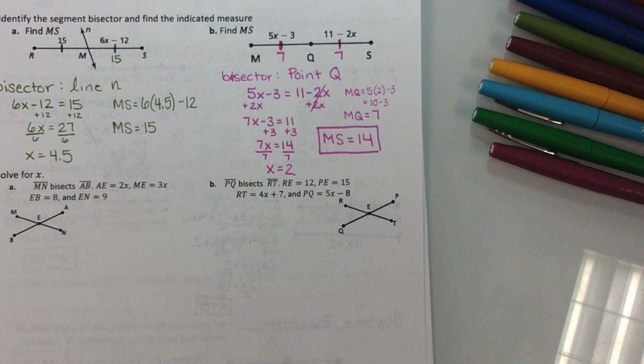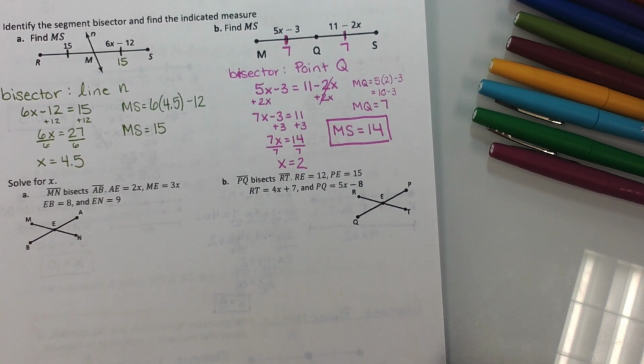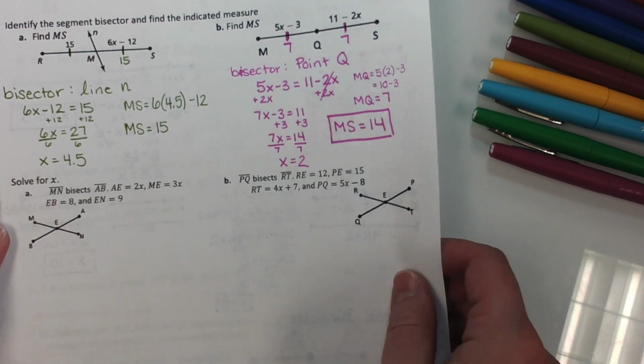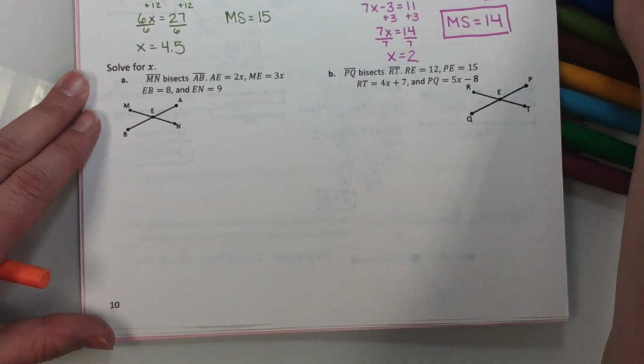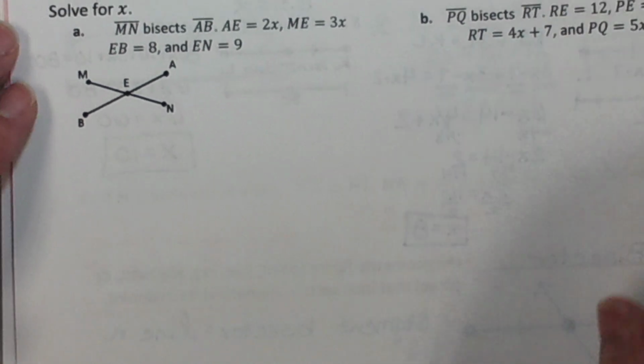The last two problems here are really trying to make sure you're paying attention, because they have these pictures that look like there's a lot more congruent things than there are.